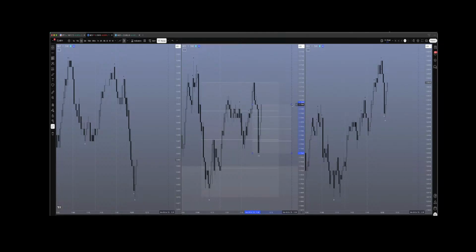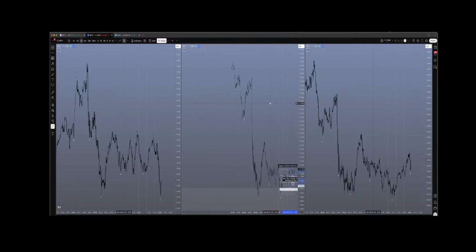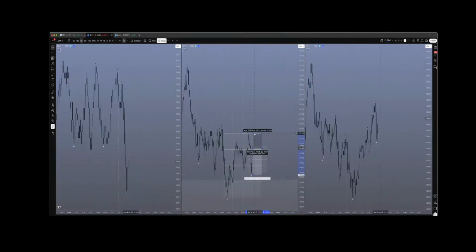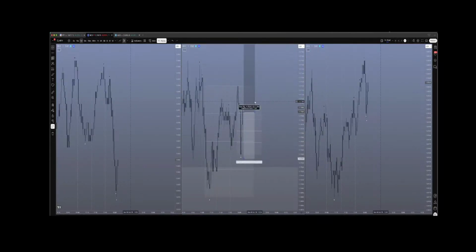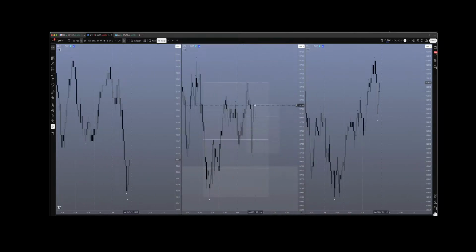If that is the case, we've inverted here. I'm not going to take a position like this. This is too much for me. 11 pips is not what I'm looking for. I'd want to see that invert that fair value gap and then come into EQ, and I don't think it does.